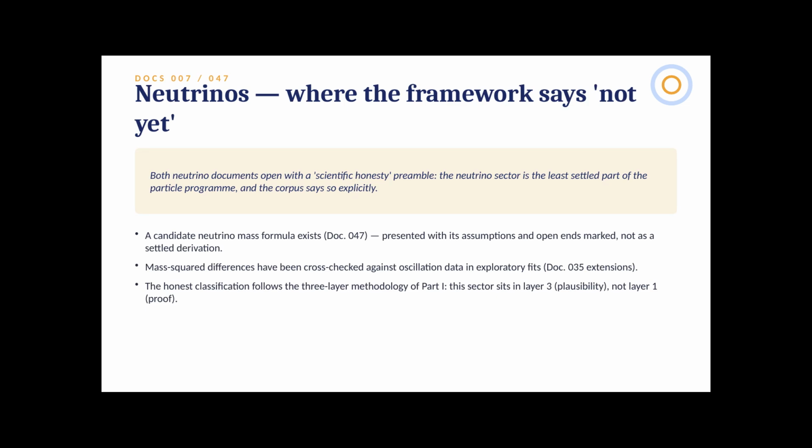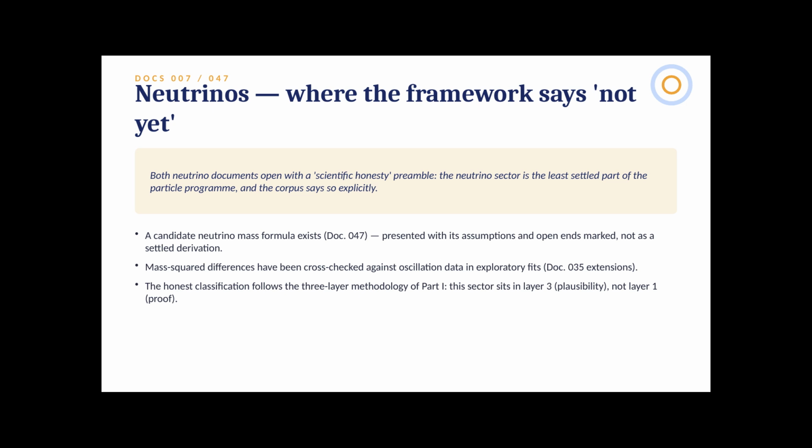Slide 31. And now the part where the theory openly says, not yet. Both neutrino documents open with a scientific honesty preamble. The neutrino sector is the least settled corner of the particle program, and the corpus says so plainly. There's a candidate mass formula in document 47, but it's presented with its assumptions and open ends right there on the table, not dressed up as a finished derivation.